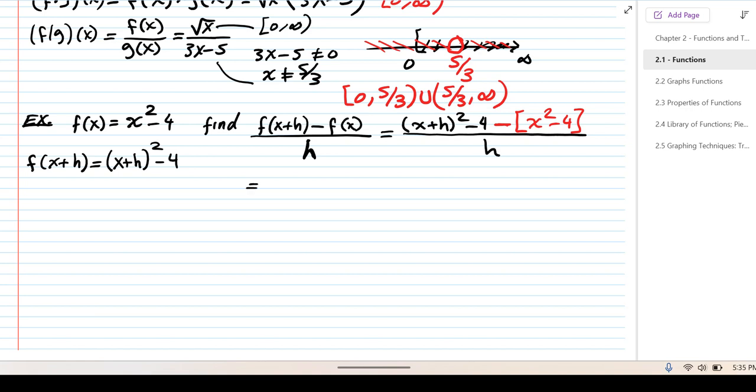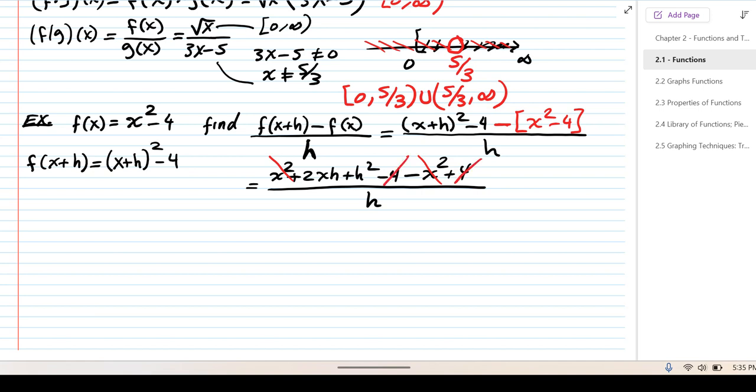So it becomes, now square the binomial on top, we get x squared plus 2xh plus h squared minus 4. And then the red distributes: negative x squared plus 4. All of that divided by h. And now we can combine like terms. The x squares are opposites, they add to 0.